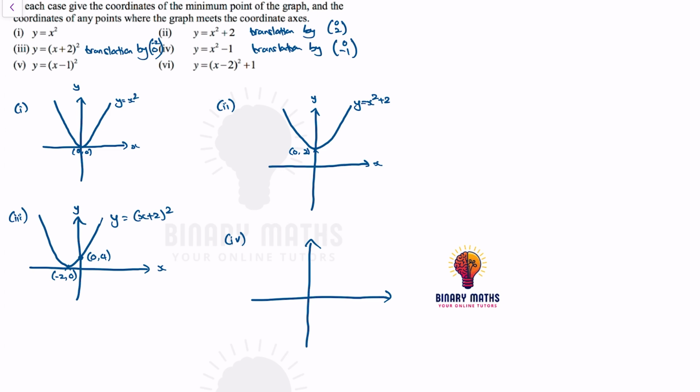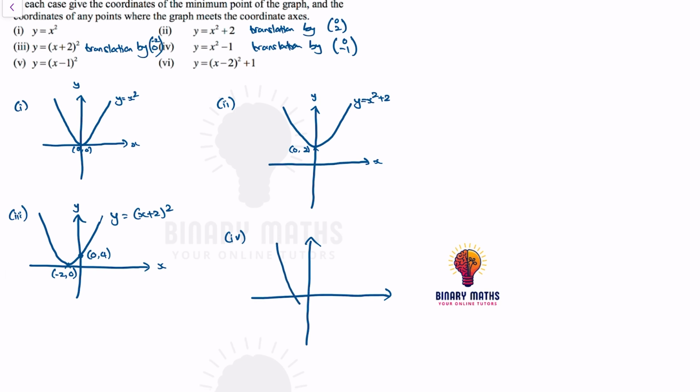So that means it's going to go down by 1, so we're going to end up with something that looks like this. This point is 0 minus 1. To find these points, same thing as equating x squared minus 1 to 0, which means x is equal to plus or minus 1. So that means 1, 0, and minus 1, 0.